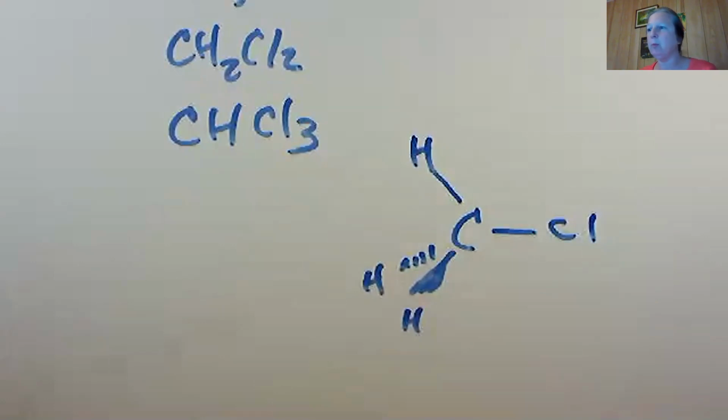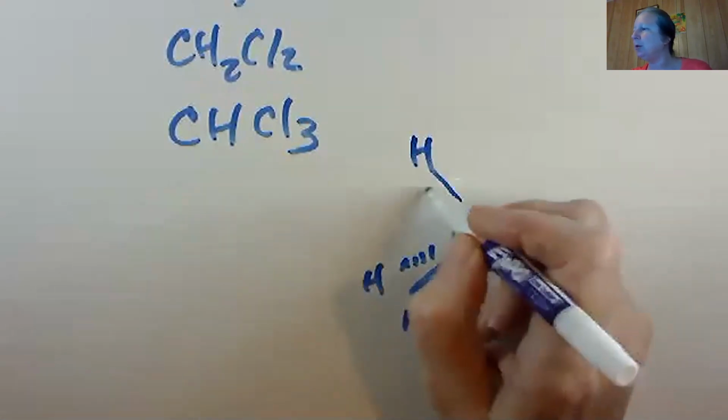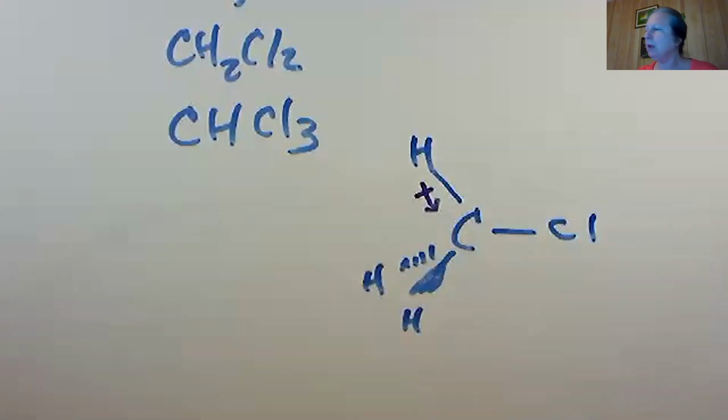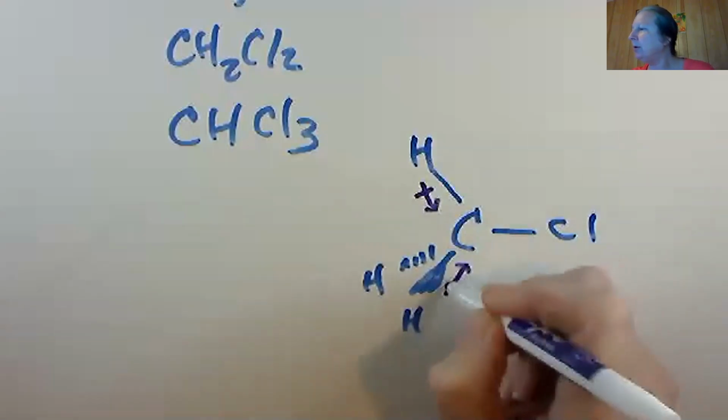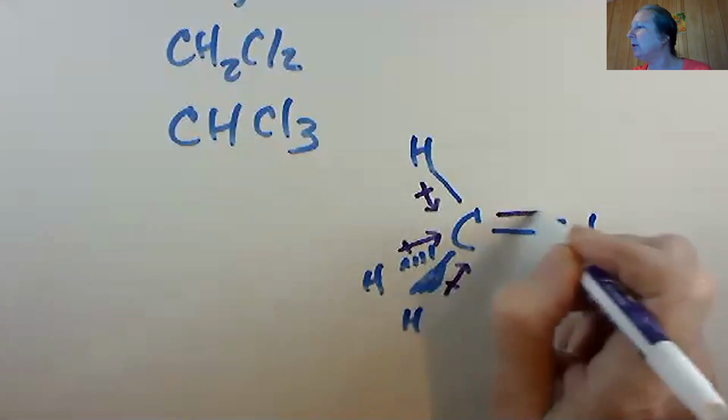So it's introducing polarity. Now you could do a bond polarity, and it might help you figure out where the polarity is. That's fine. So if we do a bond polarity, we say the hydrogen is less electronegative than the carbon. And so each bond, the electrons are moving in this direction towards the carbon. But the chlorine is more electronegative than the carbon.